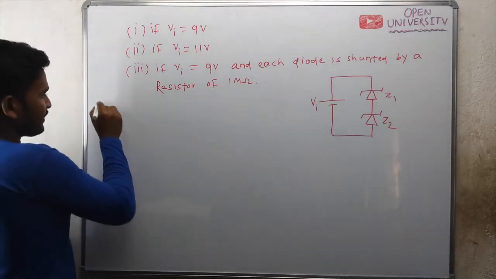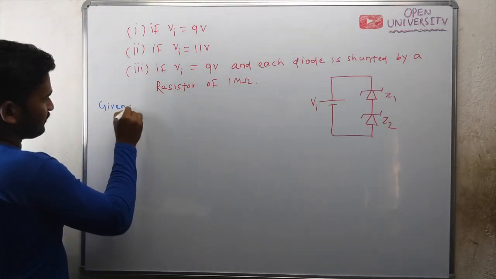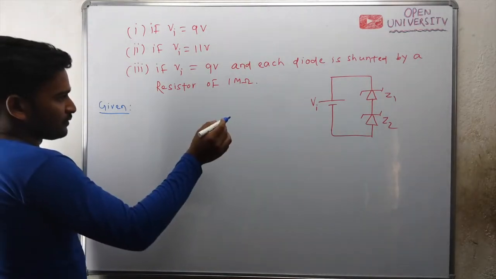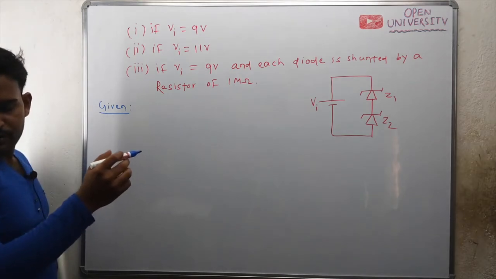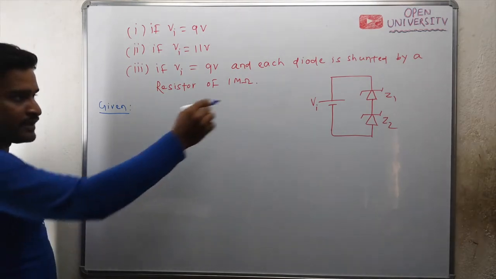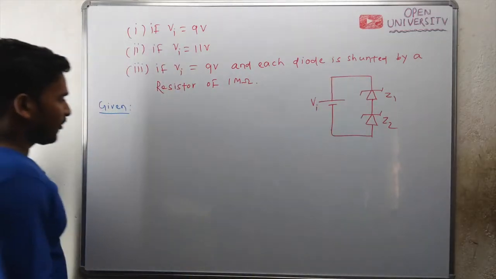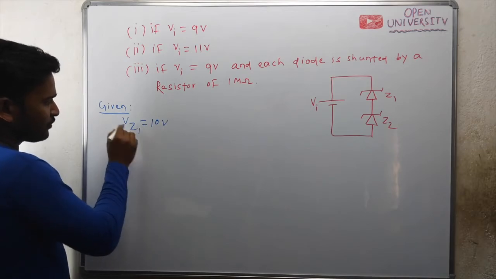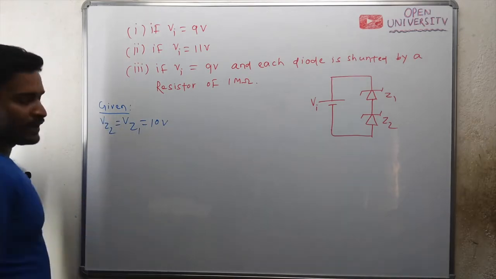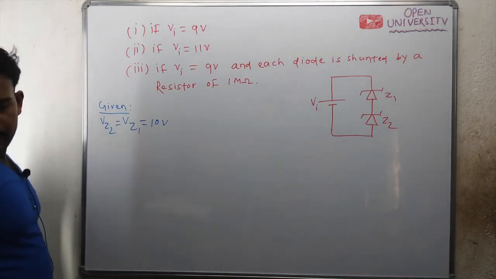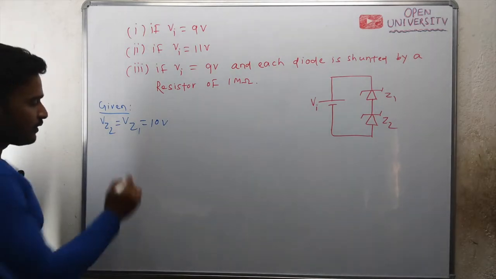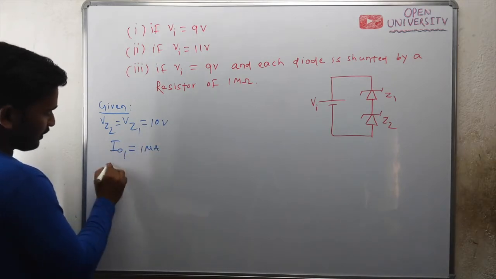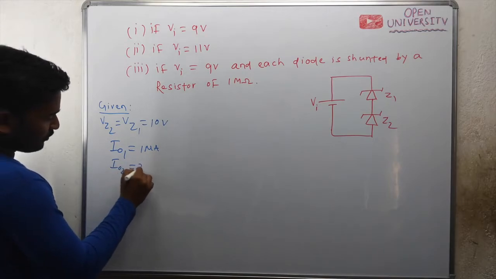So what are the data given? It is given that in the circuit shown, each diode has breakdown voltage 10 volt, that is Vz1 equal to Vz2 equal to 10 volt, and the reverse saturation currents are I01 equal to 1 microampere and I02 equal to 2 microampere.